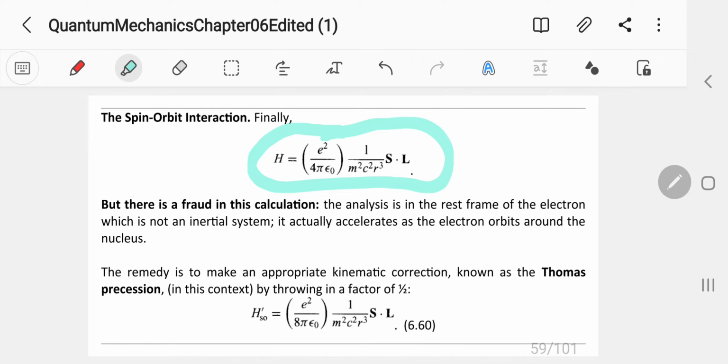So the remedy is to make an appropriate kinematic correction known as the Thomas precession. You can also read more on this. And this throws in a factor of 1/2, such that the 4 here just becomes 8.